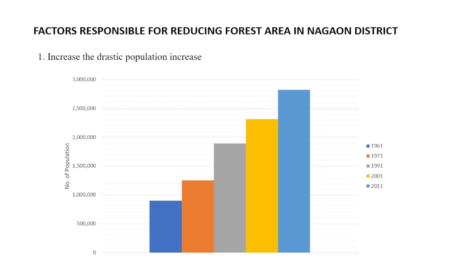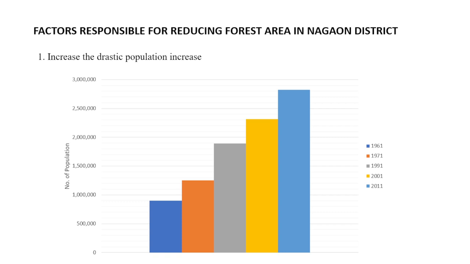The population increased steadily over the decades, starting from around 9,537 in 1961 to nearly 28,23,768 in 2011. Each decade shows a notable rise, with a particularly sharp increase from 1991 to 2011.